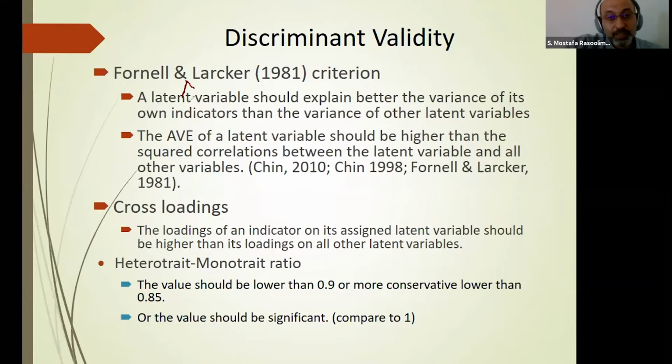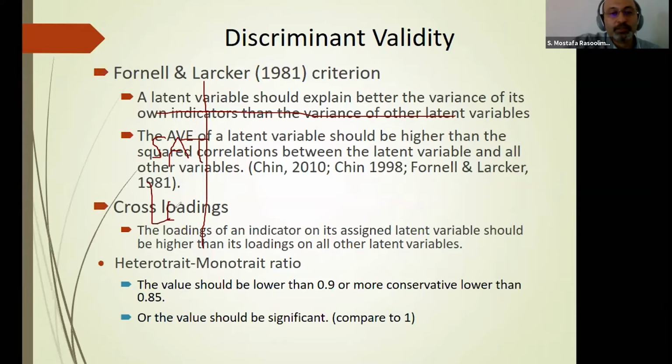For example, if we have two constructs, satisfaction and loyalty, in this table, the correlation between satisfaction and loyalty, for example, is 0.56.